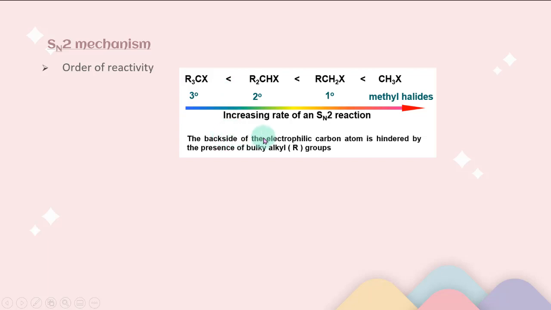Because the backside attack on the electrophilic carbon is hindered by the presence of bulky alkyl groups. So if you have alkyl groups, even though CH3 is also considered a bulky alkyl group, it's hindered, that means it's blocked by the presence of this alkyl group. Therefore, with tertiary haloalkanes, with three alkyl groups present, the backside attack becomes very difficult.